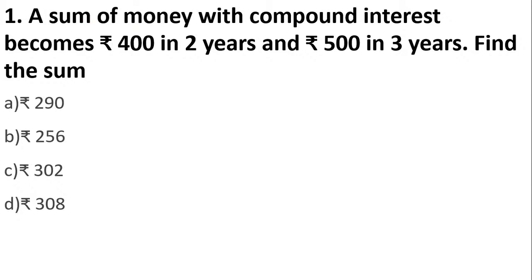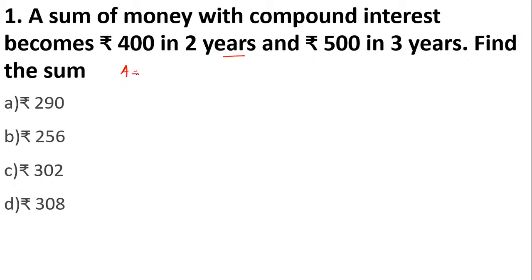Principal has not been given to you, which you have to find, because in this question they have given you the amount and the time. Now you will say, ma'am, rate is not given. So that is the tricky part, student. First you have to find out the rate, and then only you will be able to find out the principal amount. So we'll apply the simple formula that we have studied.